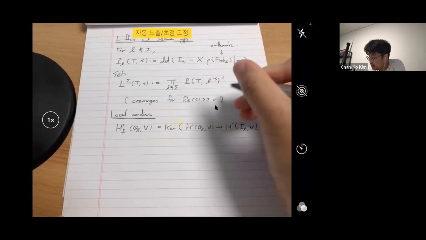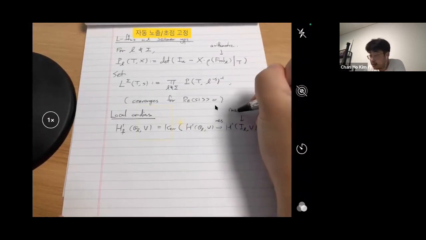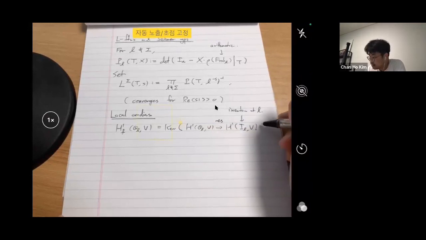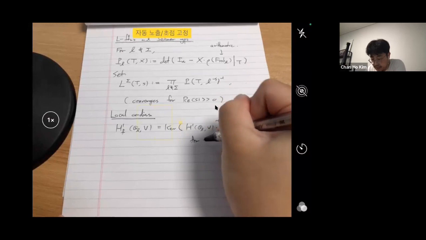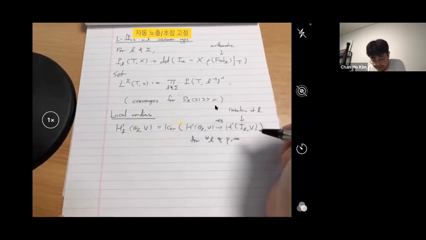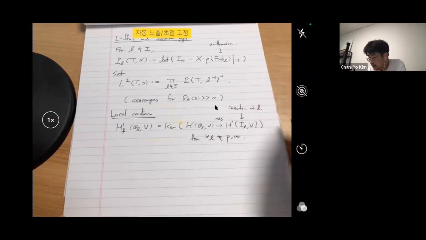So this is a restriction map, and this is the inertia subgroup at L, for all primes L which are not p and infinity.